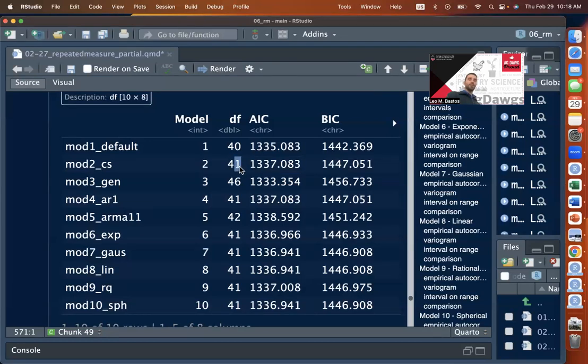Because it was just one estimate that it was making from that model. The general actually took 6 extra degrees of freedom because it was the most complex, and so it was the one estimating more parameters. We also had the ARMA 11 taking up 2 because it was the P and the Q estimates, right? So the theta and the phi of that model that it was estimating.